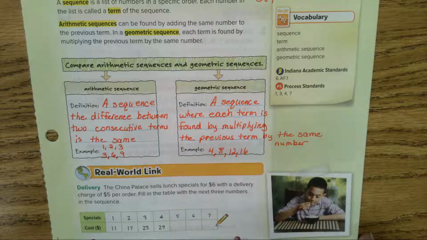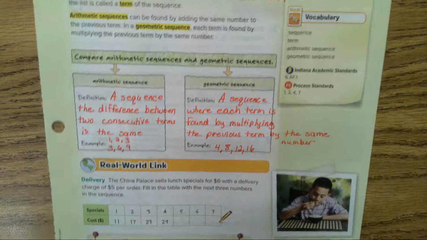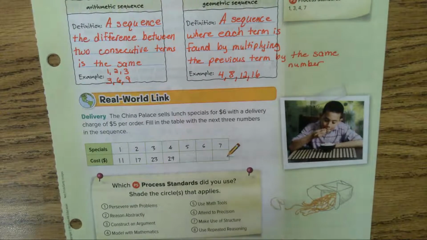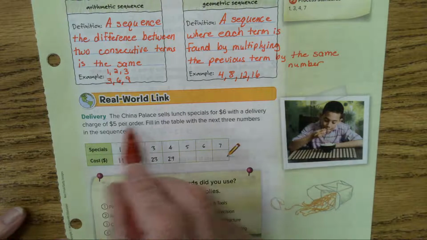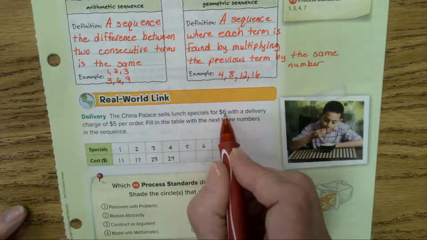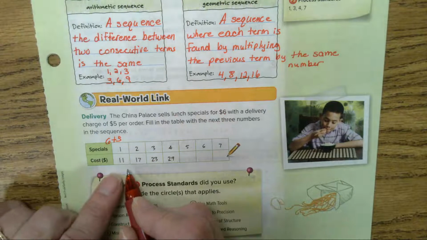Okay. Now let's go on and look at the real world link. The China Palace sells lunch specials for $6 with a delivery charge of $5 per order. Fill in the table with the next three numbers in the sequence. Okay, so one lunch special, so it's 6 plus 5 equals 11.